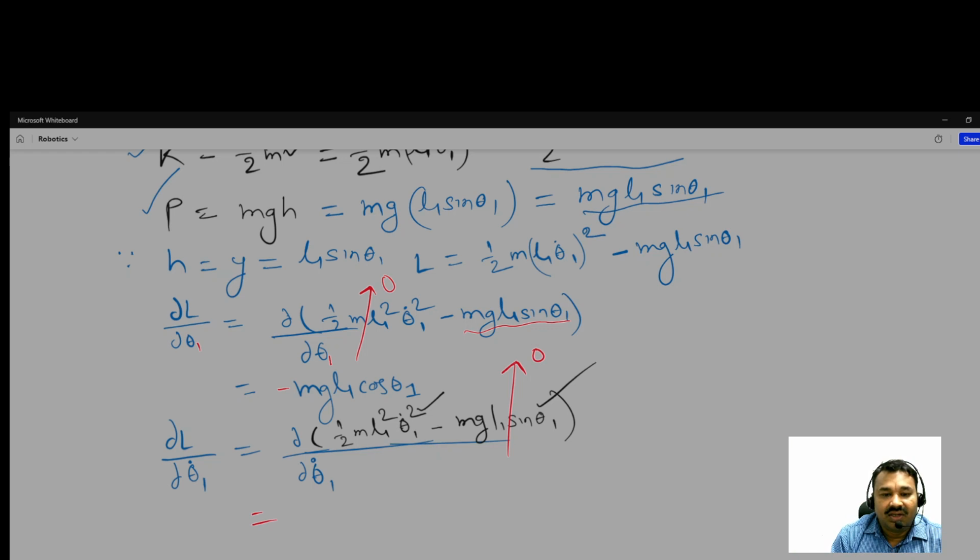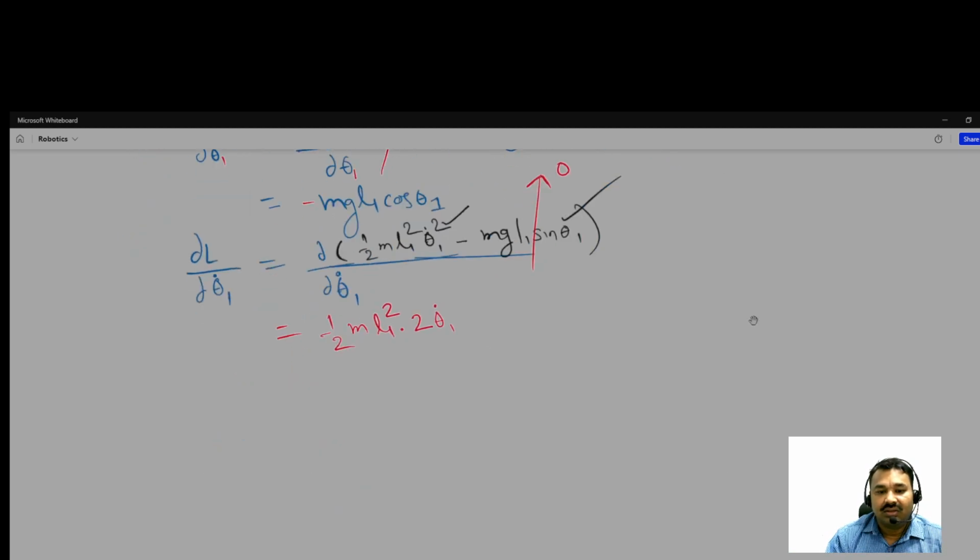Our focus is here: 1 by 2 m L1 square times 2 theta 1 dot, which equals m L1 square theta 1 dot. Okay, what is the next step?